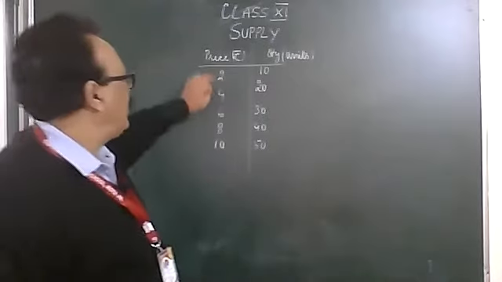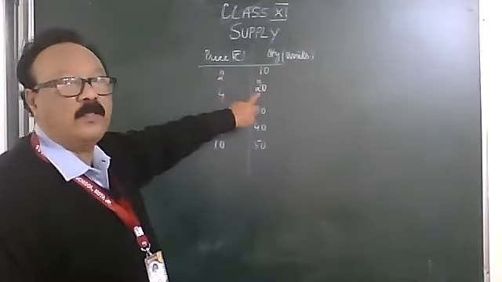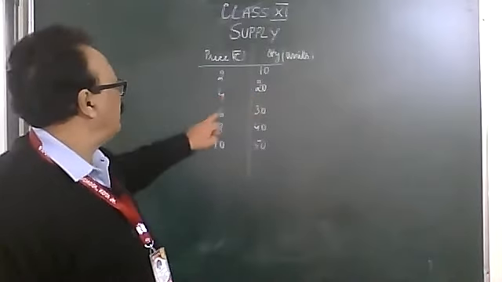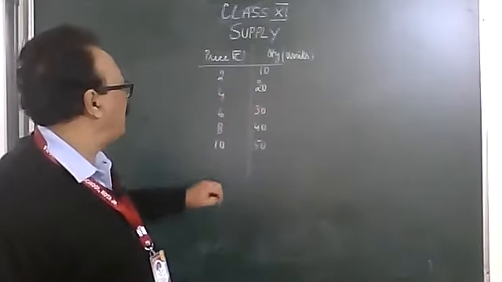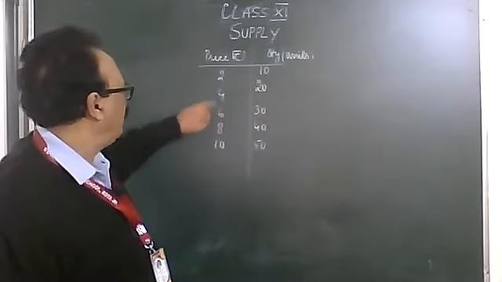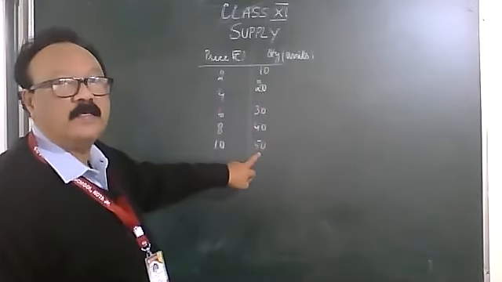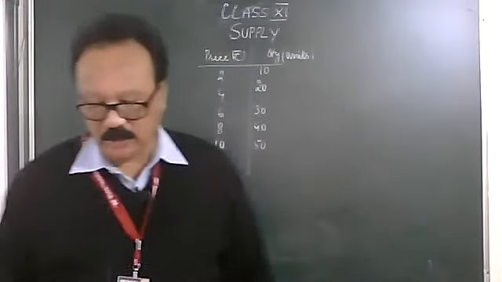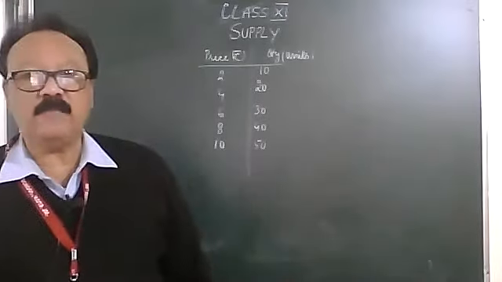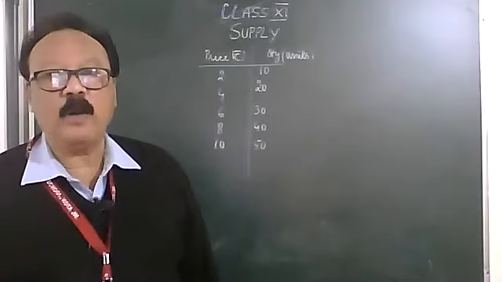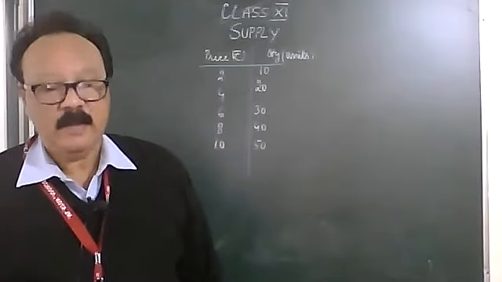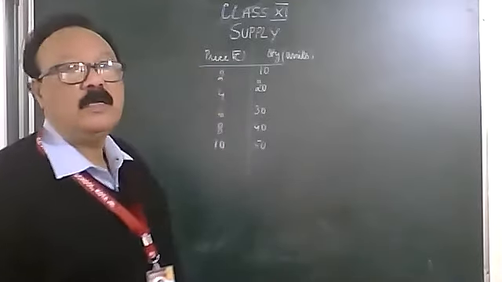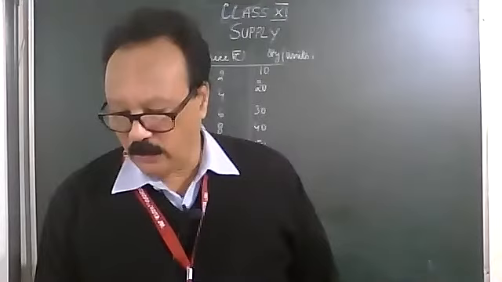When the price increases, the quantity supplied also will increase. From 4 to 6, it becomes from 20 to 30, and at 10, the supply is more. So there is a positive relationship between the price of a commodity and the quantity supplied. This tabular statement is called a supply schedule.